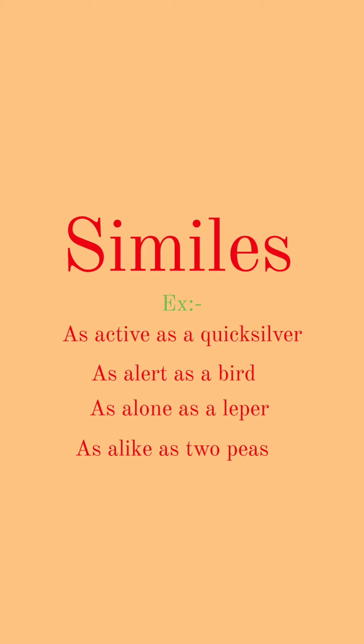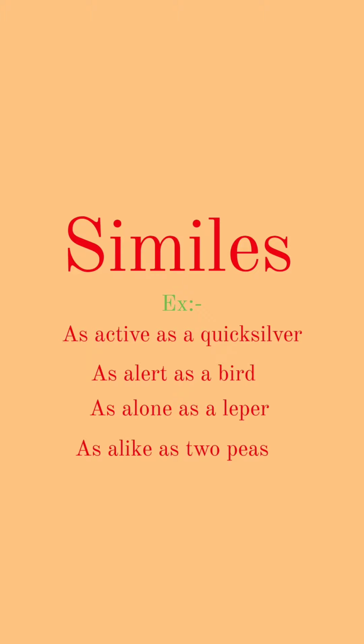Here you can see I'm using as with some other thing which has the same or different characteristics, and I'm using like. So if you see in any line that there is as or like, it means in this particular line we have simile.